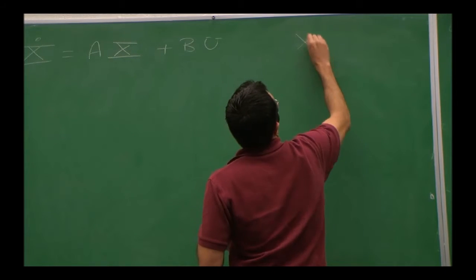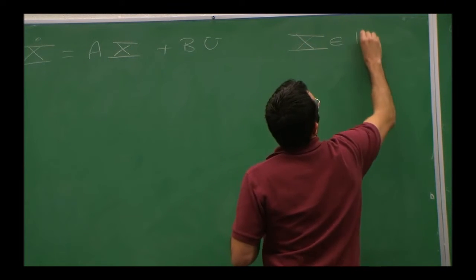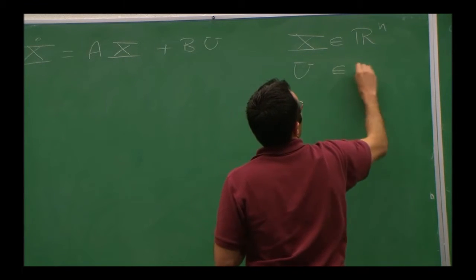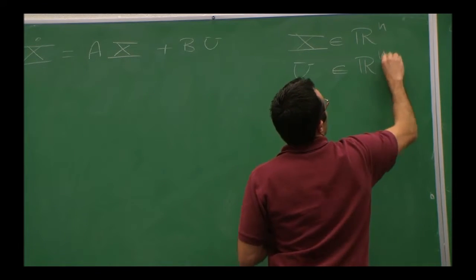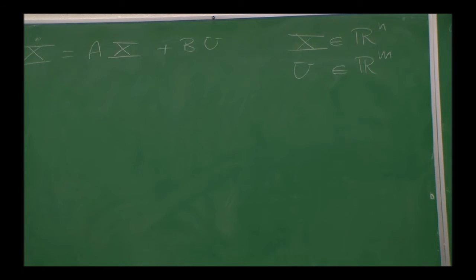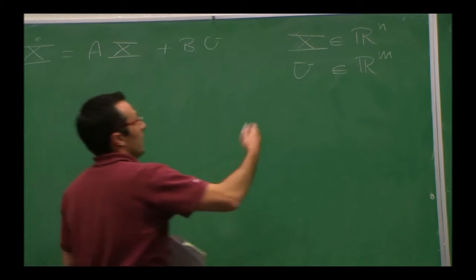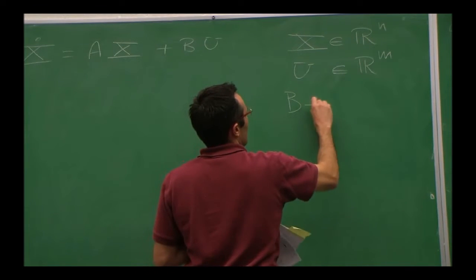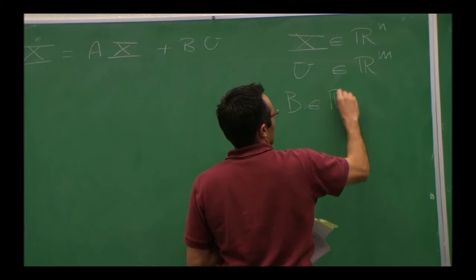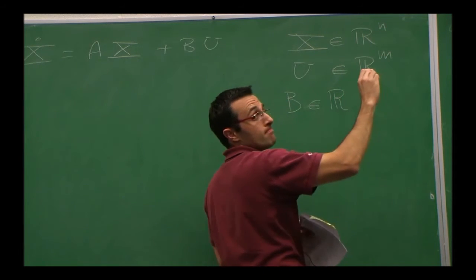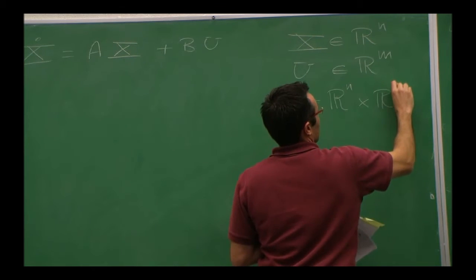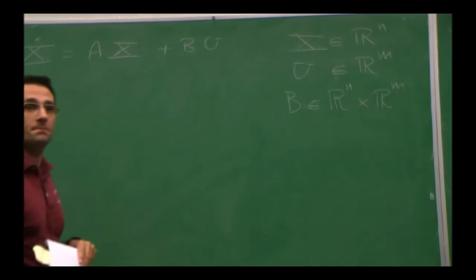Let me do it again. X is n. U may be a different dimension. Maybe m as in mother, that's n as in Nancy up there. Number of control variables. And B will have to be another matrix, which has to be what dimension? It's an n by m matrix, right?